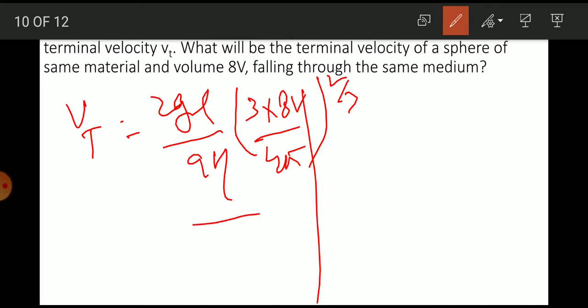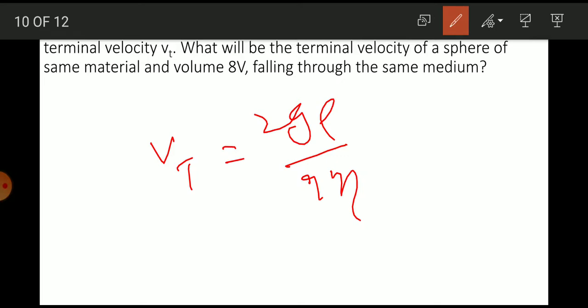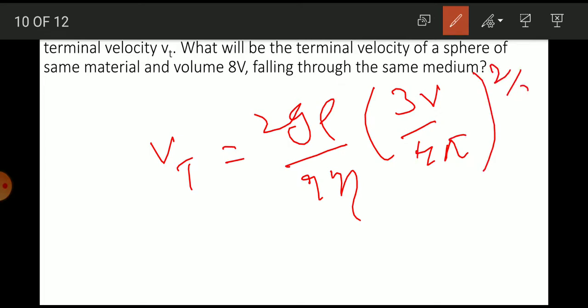As we know, this is V terminal prime, and for Vt before, when there is no change in volume, Vt is equal to 2g rho divided by 9 eta, 3V divided by 4 pi, whole power 2 by 3. You will write this.